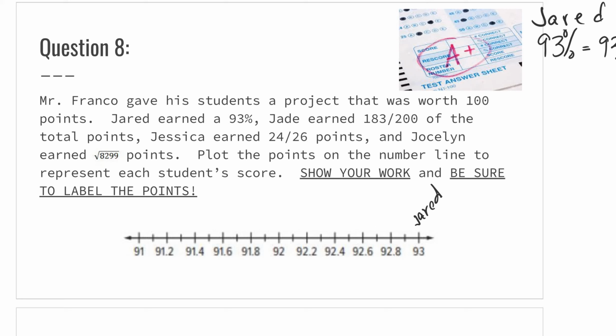Jade earns 183. So if I used a calculator and divided it by 200, I'm going to get 91.5. Jade, 91.5. So I'm looking at my chart. 91.5 is in between 91.4 and 91.6.